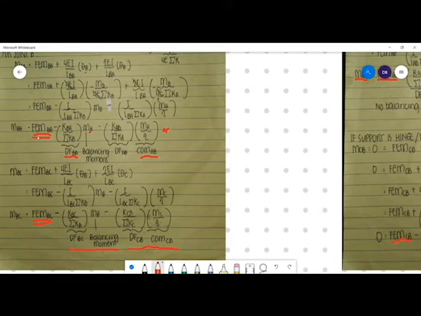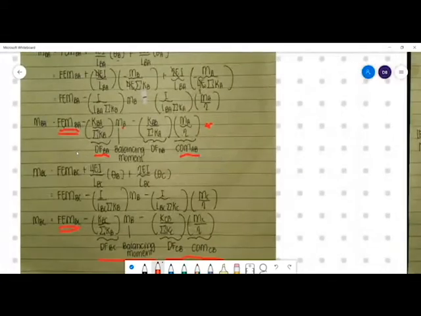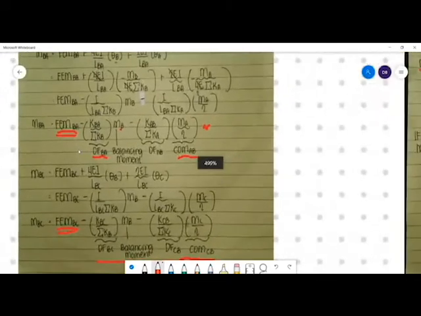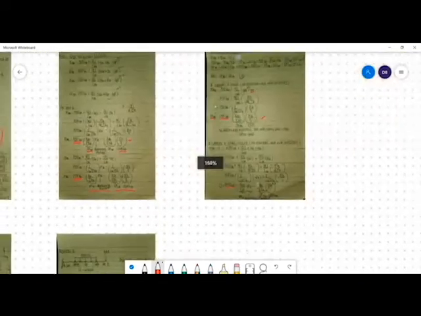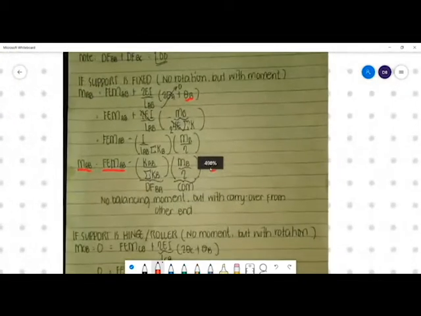So pag ni-restrain yung mga degrees of freedom, pag binalance, when we allow the rotation, and then meron ding carry over from the other support. Yun yung kapag internal support in which allowed yung rotation.